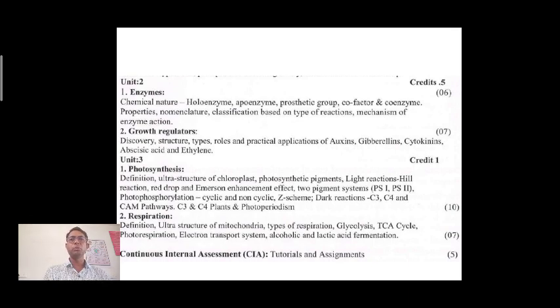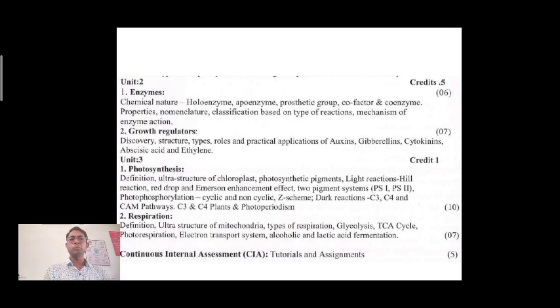The second part of unit number 2 includes growth regulators. These are to be studied as discovery, structure, types, roles, and application. The focus is on auxin, gibberellin, cytokinin, abscisic acid, and ethylene.